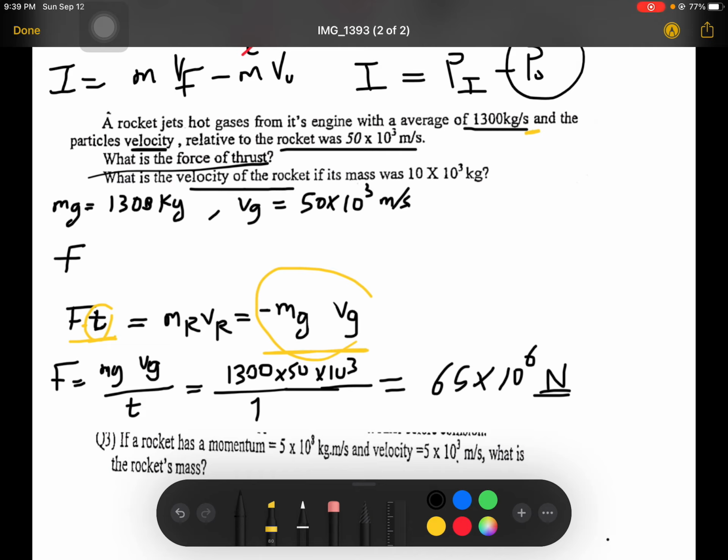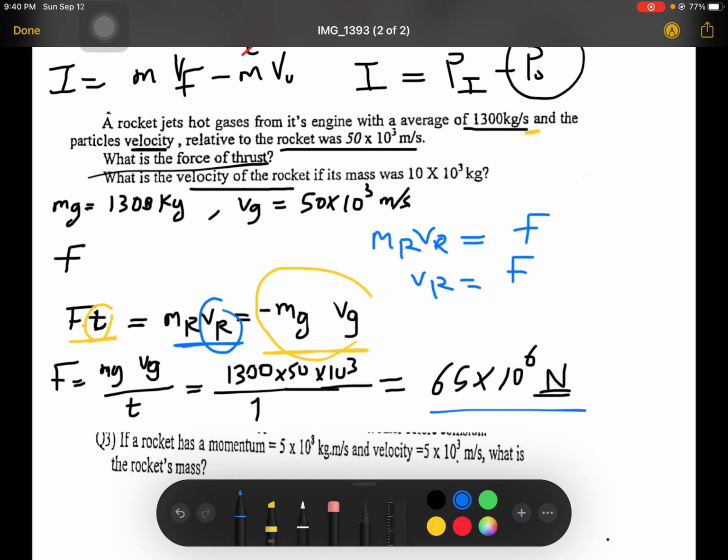And the second question is what is the velocity of the rocket. Now we are looking for VR. We are going to use this to find VR. M_R V_R equals, for example, we already got the force of the engine, so we can write this value.